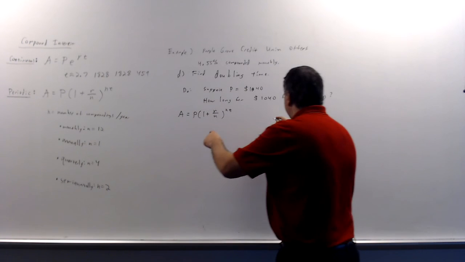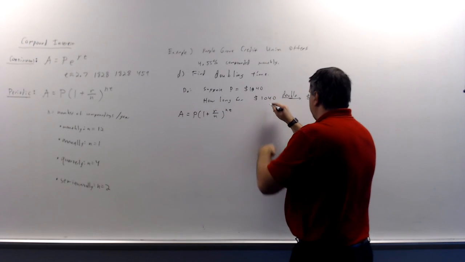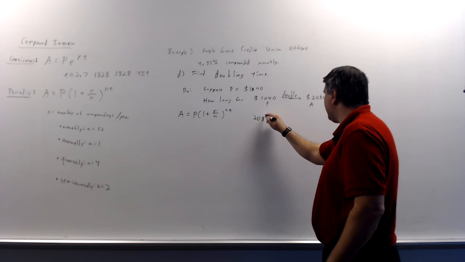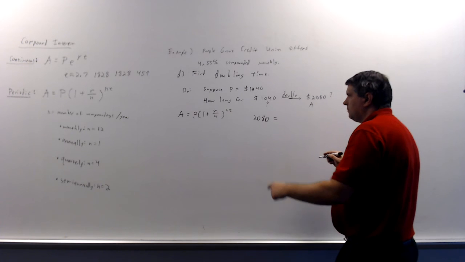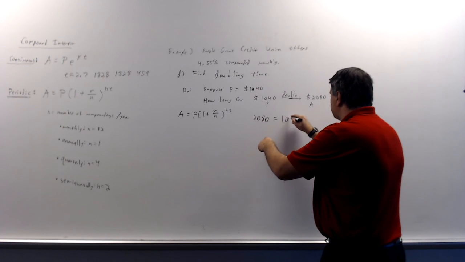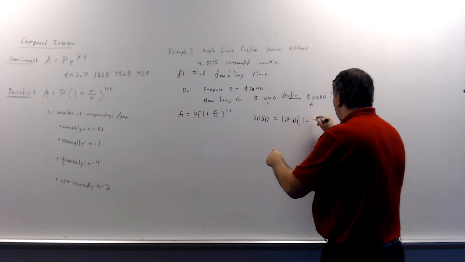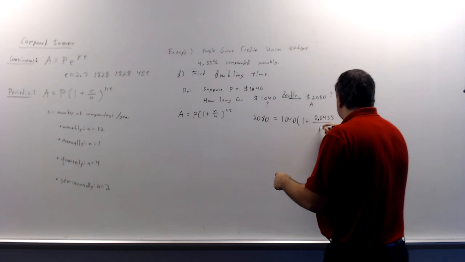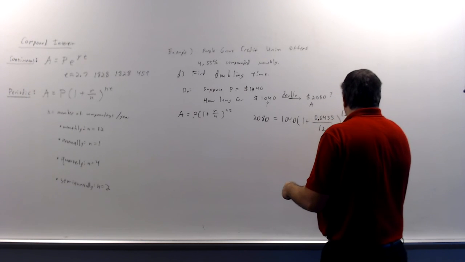How long would it be for A, for 2080 to equal 1,040 times 1 plus 0.0455 over 12 to the 12t power?